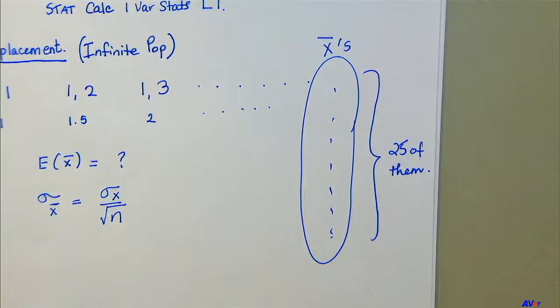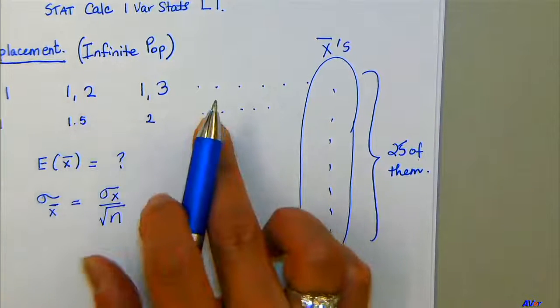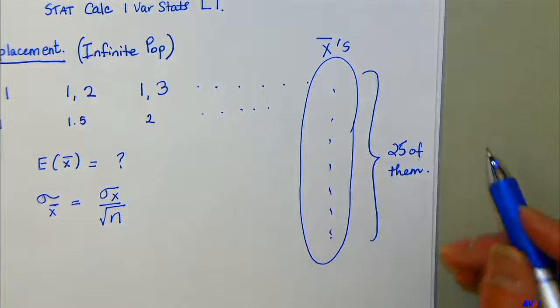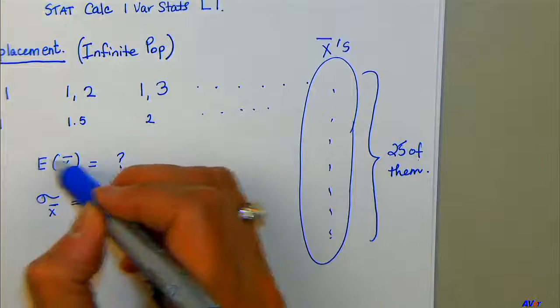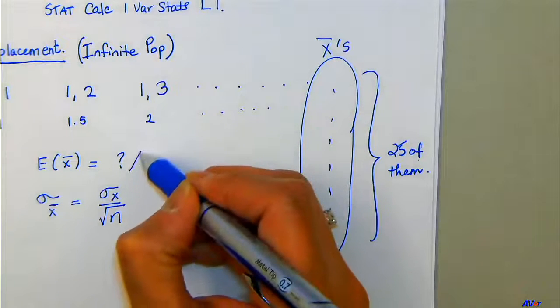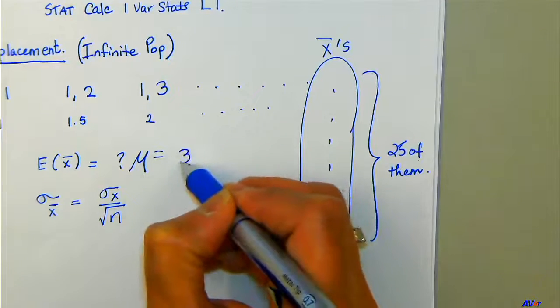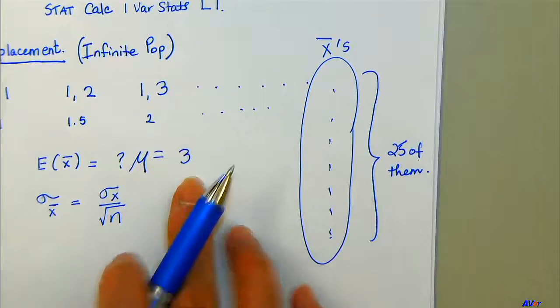That should take you less than 5 minutes, right? All you're doing is finding these 25 means and sticking those 25 means into your calculator. But once you do it, you won't forget this formula that E of X bar is exactly the same as mu. It will come out to be exactly 3 because the mean of the population was 3.